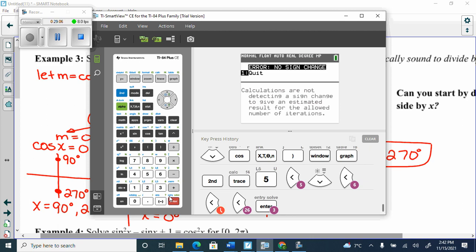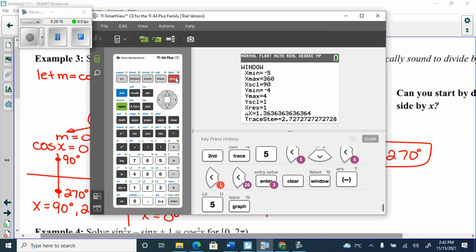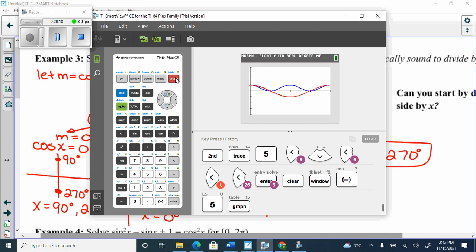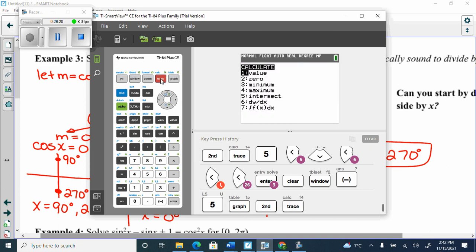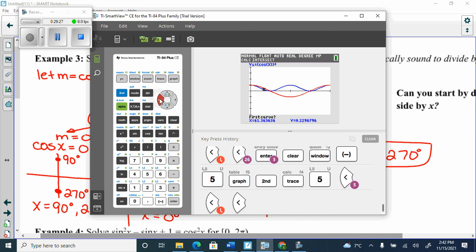Maybe 0 isn't included because I got too close to it, right? I know I'm looking for 0, so I'm going to go to -5 just so I have a little bit of room to do my crossing. So I'm going to go second, trace, 5. Sadly, I'm going to have to do this again. There you go, enter, enter, enter.